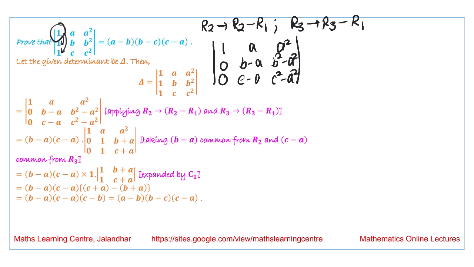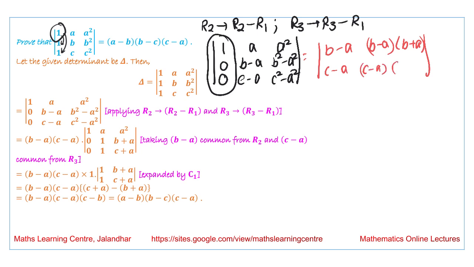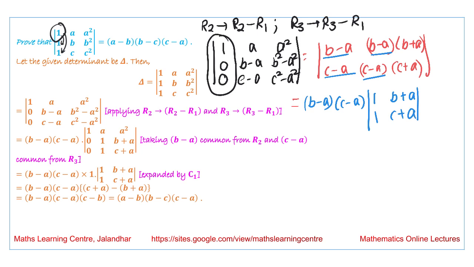Now if we open this determinant along this first column, we obtain 1 into determinant of b minus a, b minus a into b plus a, and then c minus a, c minus a into c plus a. Now from this first row, we are writing b minus a common. From this second row, we are writing c minus a common, and we are left with 1, b plus a and 1, c plus a.